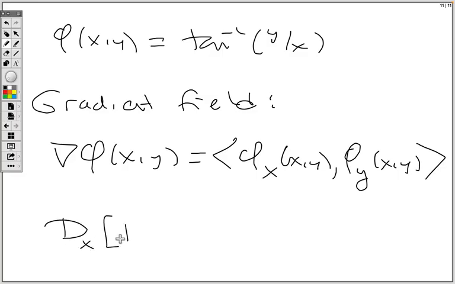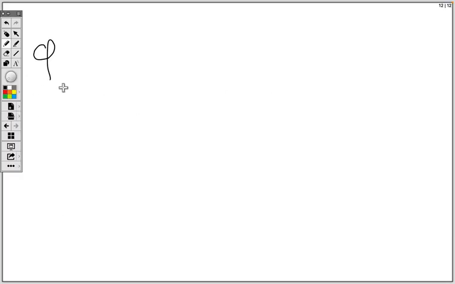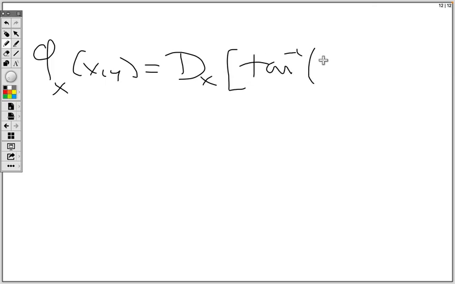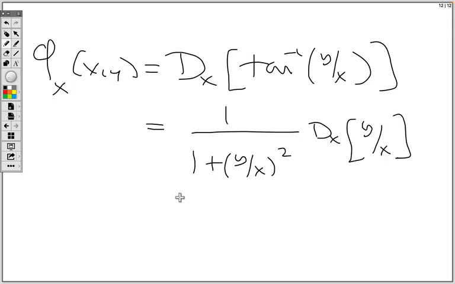The derivative of the inverse tangent of something is 1 over 1 plus that thing squared, times its derivative. As a review, if I wanted phi x of x y, I'd take the derivative with respect to x of the inverse tangent of y over x. So that's 1 over 1 plus that thing squared, times the derivative of that thing.